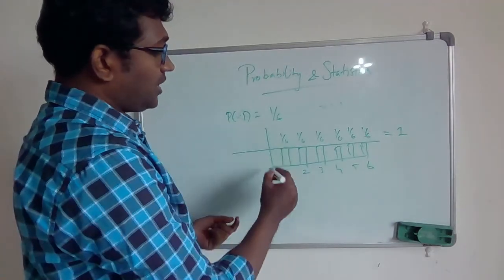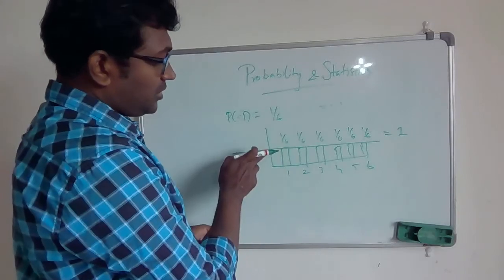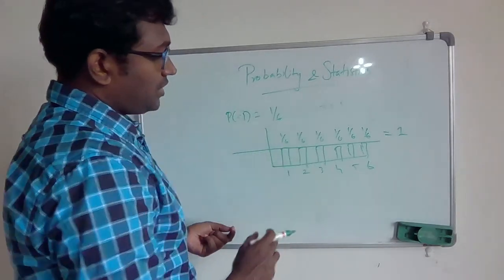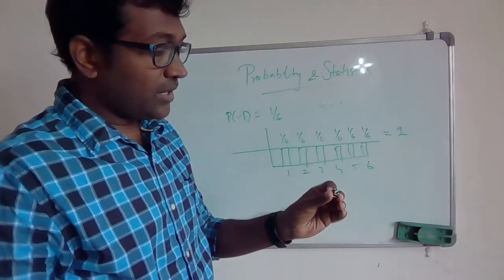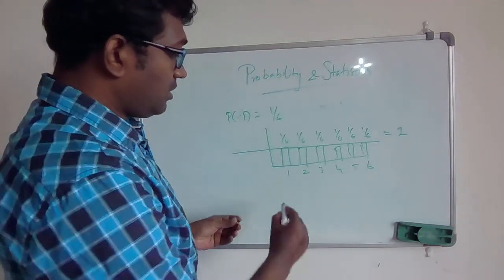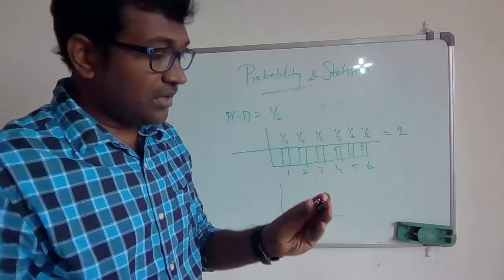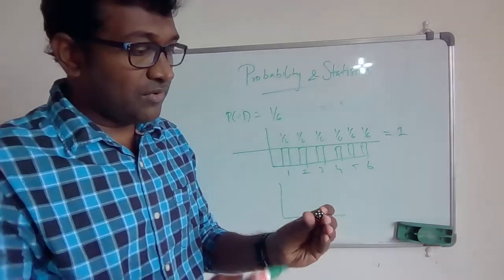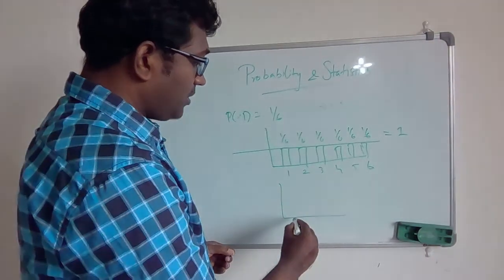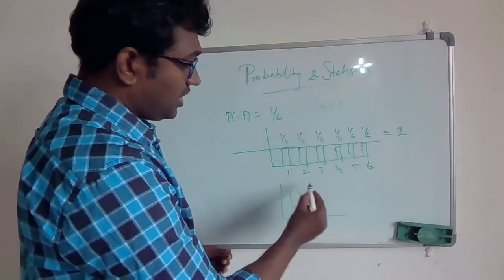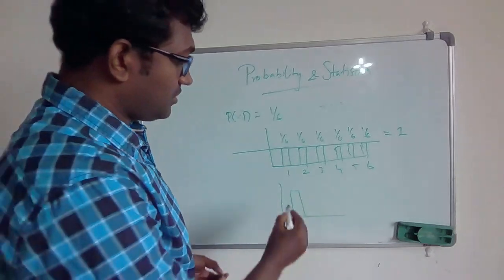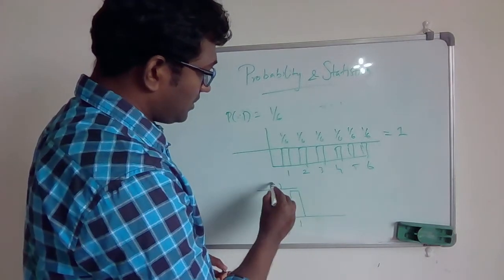And this is the probability value, like 1/6 is the number. Now if you have a 6-sided die and everywhere it is just 1, the probability of getting 1 is 100%. So the probability here will be 1 in this case.